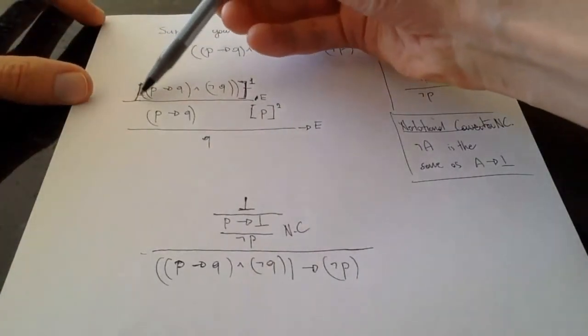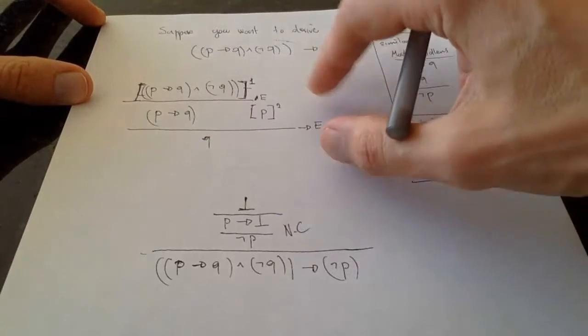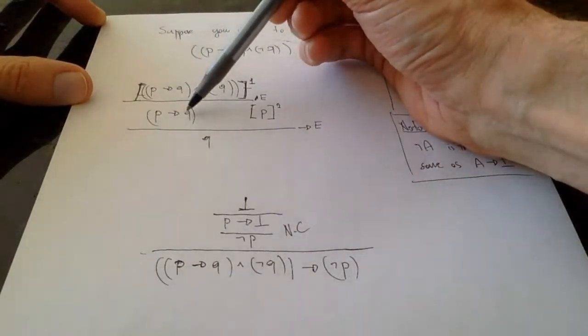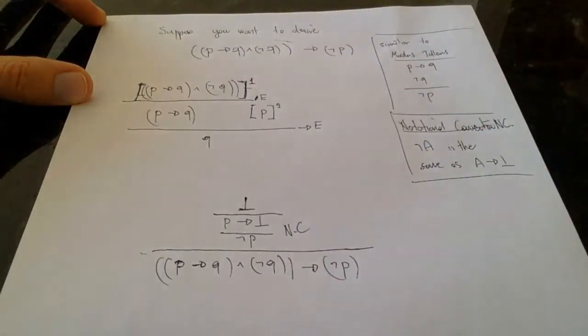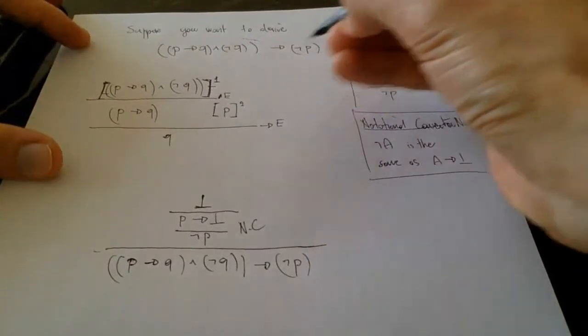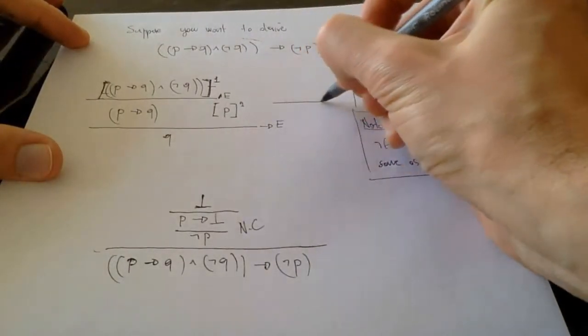I can assume again assumption number 1, somewhere here on the right, and instead of taking out P implies Q, I take out not Q. So let's do that somewhere up here. Hope it's not too messy.